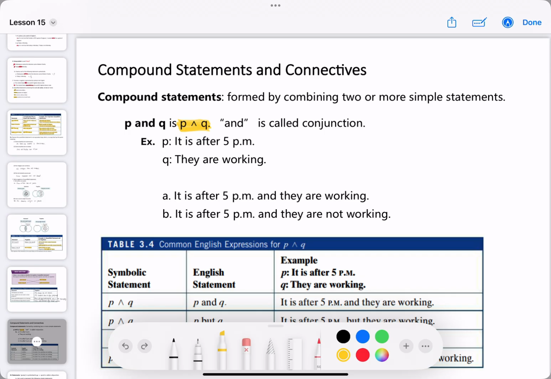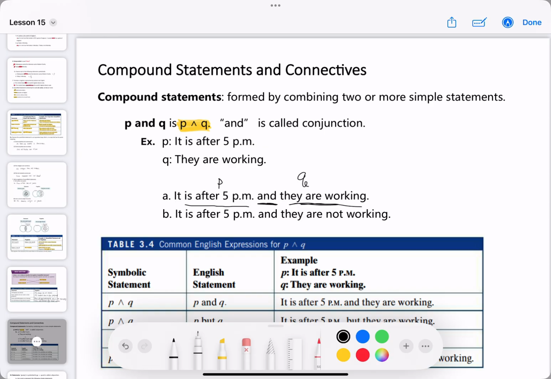Statement P is it is after 5 p.m. Statement Q is they are working. It is after 5 p.m. is the first statement, P. And this is a conjunction. They are working is my second statement.